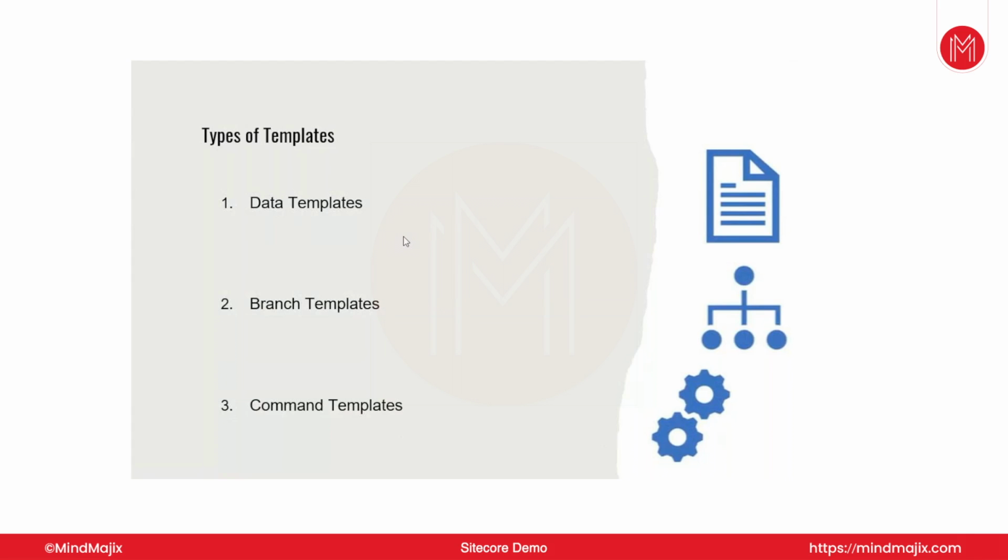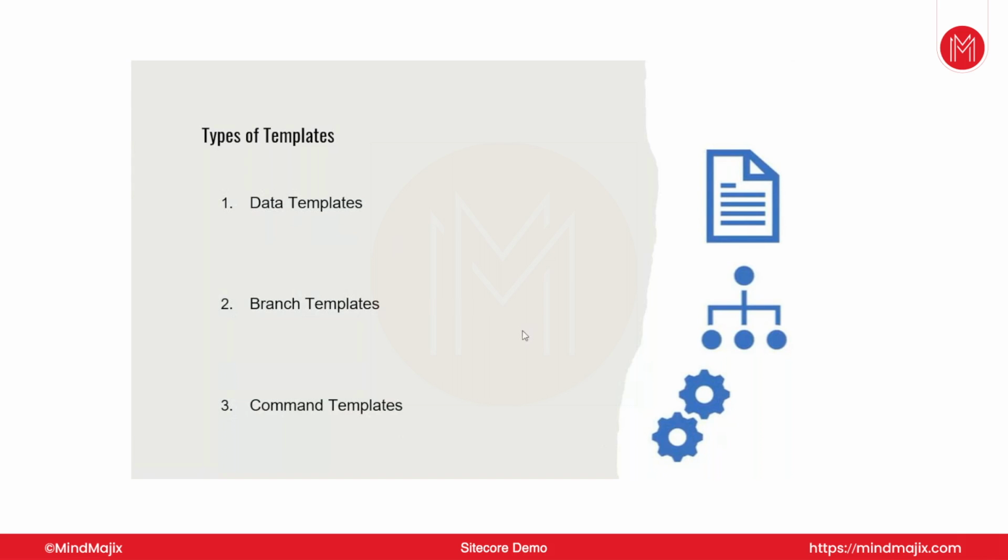That is called a data template. We just need to show some data directly. We'll create one structure, create one item using that template, provide some data, and try to show that on this site.